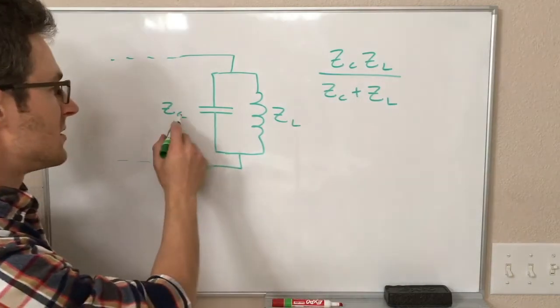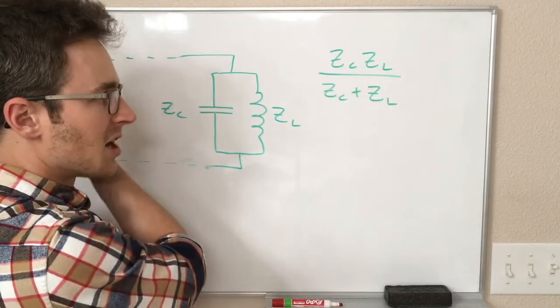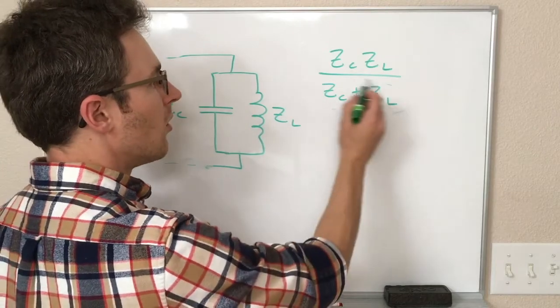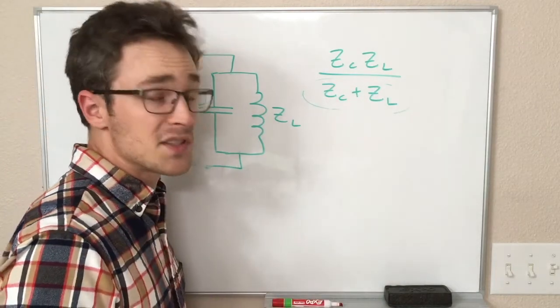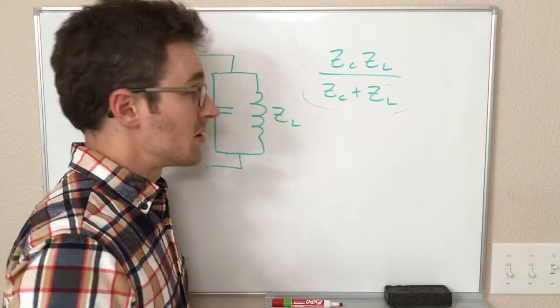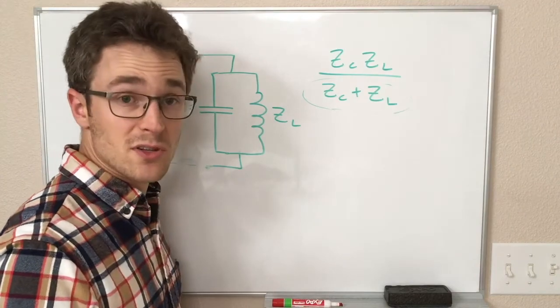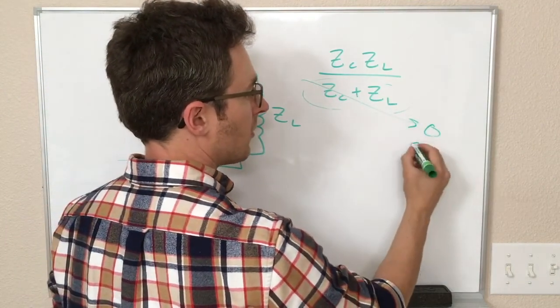Whatever's going on, ZC and ZL are some number of ohms, and multiplied together in the top, we'll get some number of ohms. In the denominator here, ZC plus ZL, well, we already know what this does, right? Because this part is coincidentally the same as our series resonance circuit. That is, when we have this special frequency, the resonant frequency, this whole part goes to 0.